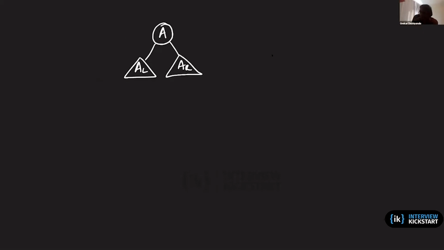So A has a left subtree, it has a right subtree, and there is a problem at A. What is the problem? The problem is that one of the subtrees became slightly shorter, and that led to a violation of the balance factor at A. It doesn't matter whether A is the immediate parent of the node that was physically deleted or some higher up ancestor. Everything gets subsumed in this case only.